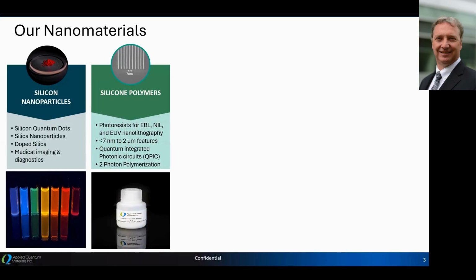We use these as photoresist for electron beam lithography, nanoimprint lithography, and EUV lithography. We can range from feature sizes of less than 7 nanometers to 2 microns. Applications are in quantum integrated photonic circuits, and we're moving into 2-photon polymerization, so 3-dimensional structures now.